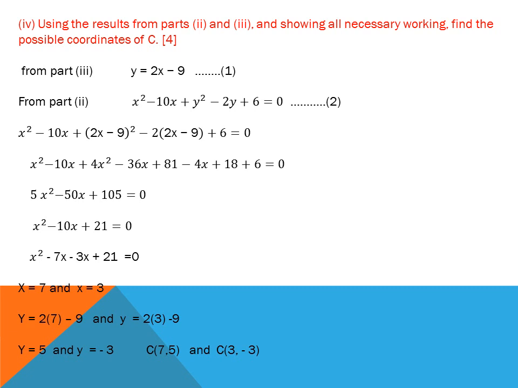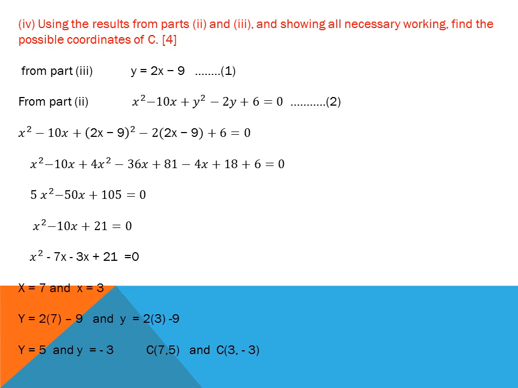In part 4, using the results from part 2 and 3 and showing all necessary working, find the possible coordinates of C. From part 3, I find the equation y is equal to 2x minus 9. From part 2, I find x squared minus 10x plus y squared minus 2y plus 6 equals 0. So I applied the value of y here, (2x minus 9) whole squared, minus 2 into (2x minus 9).